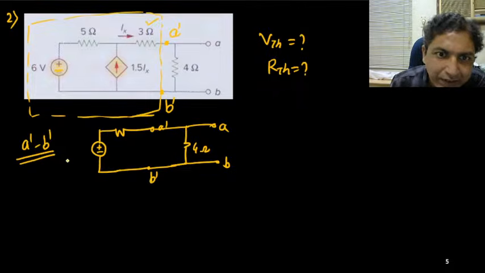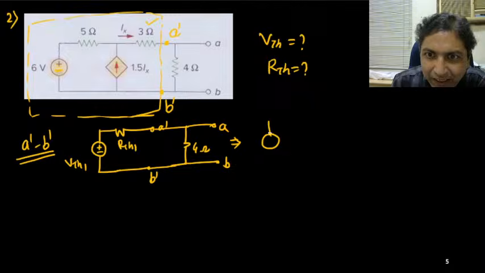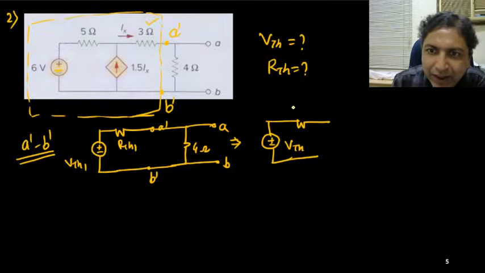So I will call it, this is VTH1 and RTH1. Not exact one. Okay. And at the end, if we simplify this thing, again, I will be getting one resistance and one voltage. That will be your VTH and RTH.